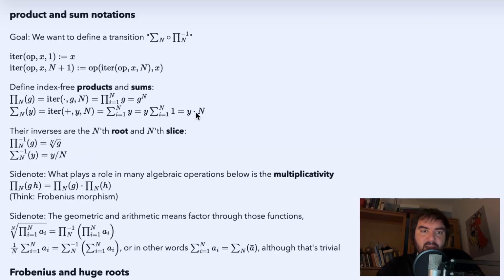And of course, dividing by n is the inverse of this sigma. The Frobenius-ish map has this nice multiplicative property. I will not go into complete detail with all the derivations. Some of them you can do at home in 3 lines, but let it just be said that this algebraic property plays an important role in many of them.